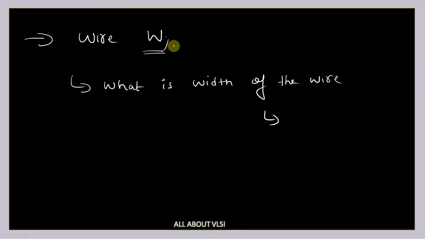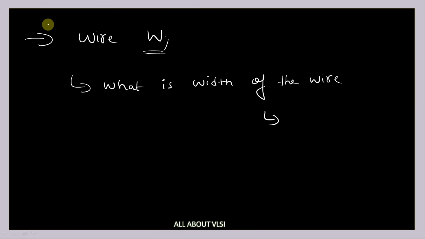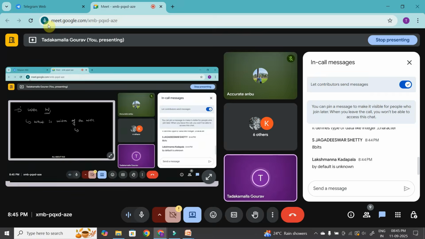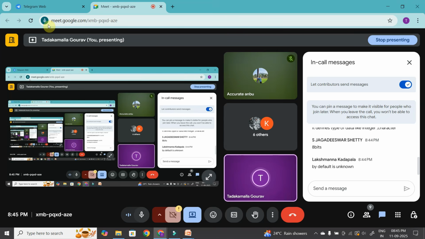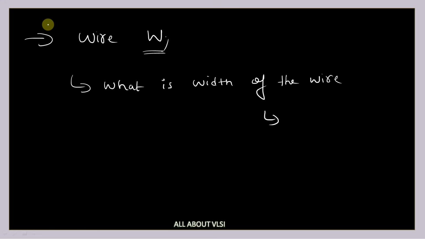If I have simply written wire W, how many bits can we drive onto this wire? I'm not asking the value which is being driven onto the wire. I'm asking the default width of this wire that we can drive onto it.